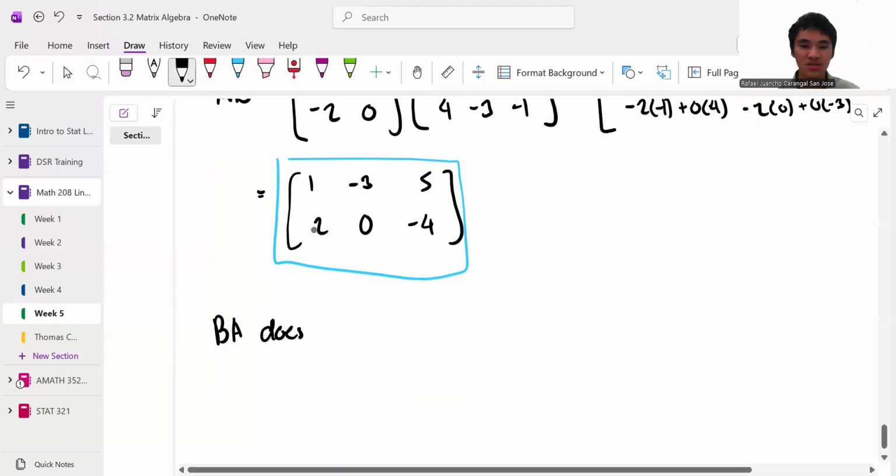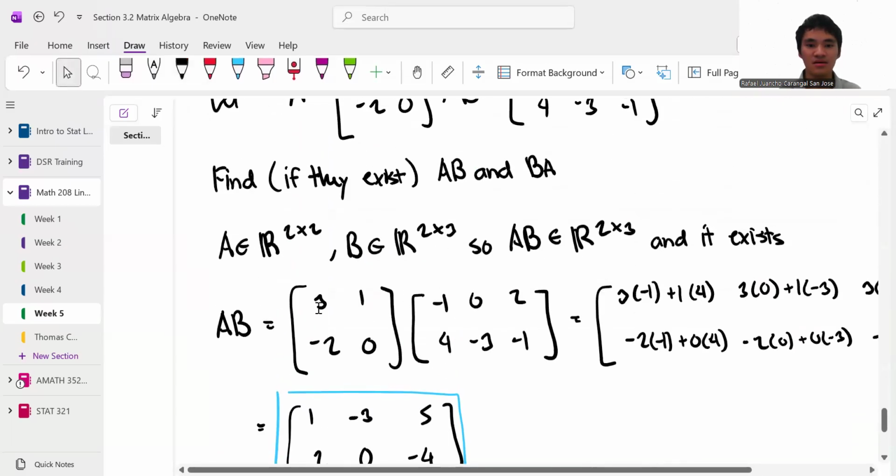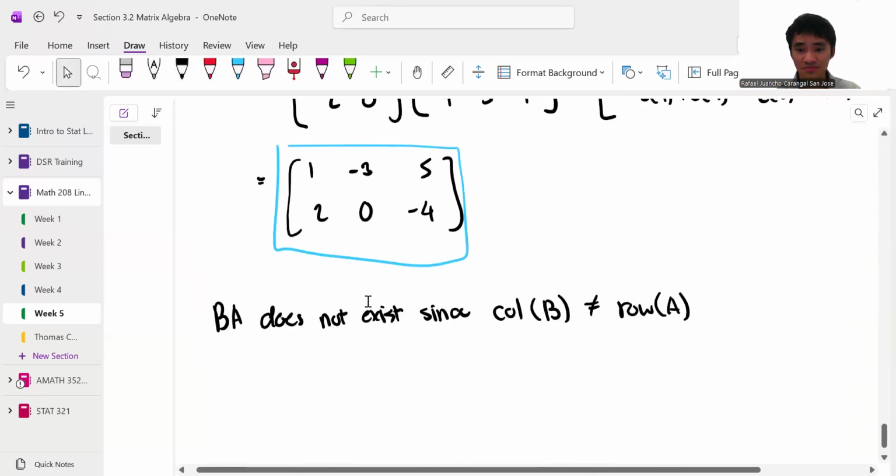It does not exist, since the columns of B are not equal to the rows of A. They have to be equal.